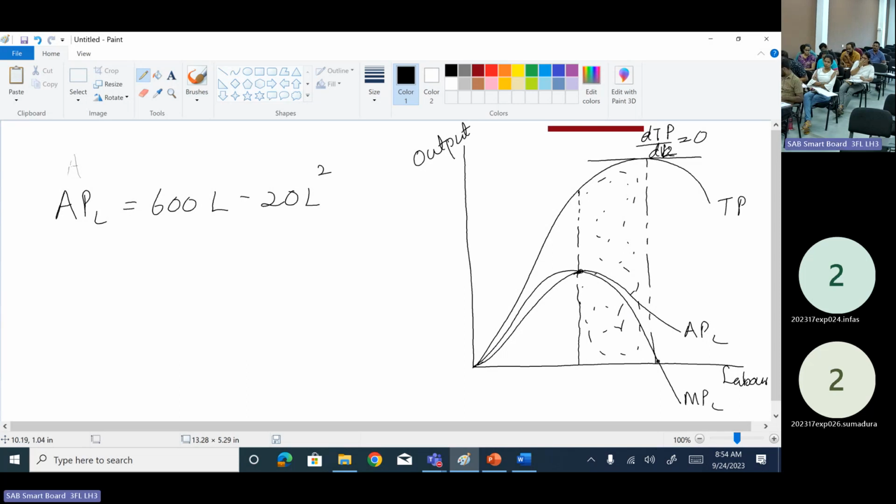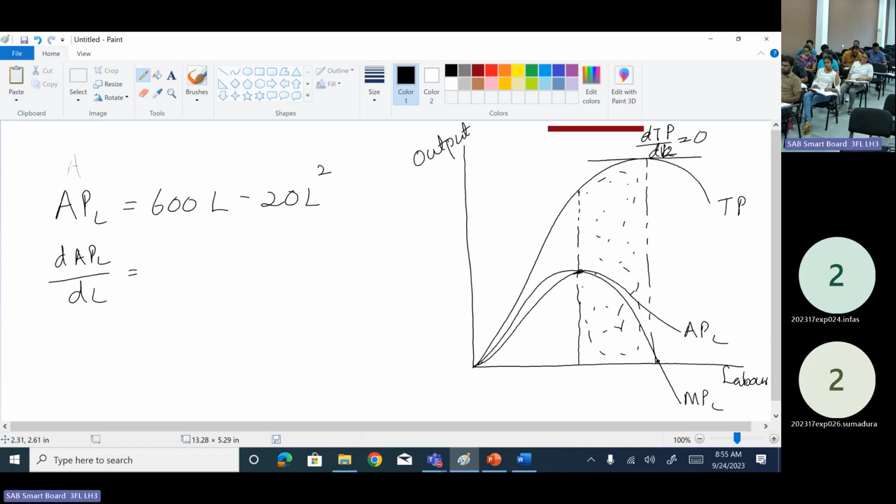We produce the output in that region, so we cannot take that other point. So we highlight this region, which depends on the cost. We take the differentiation with respect to L, because labor is the factor that changes here.